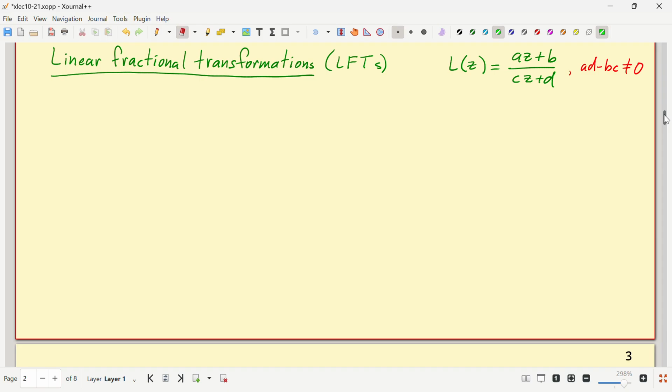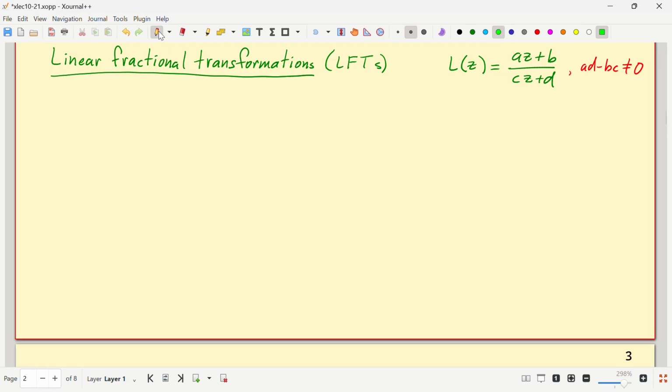I'm going to talk about linear fractional transformations, which are complex rational functions that look like (az + b) over (cz + d). And we would need ad minus bc to be not 0 for this to be a meaningful thing.